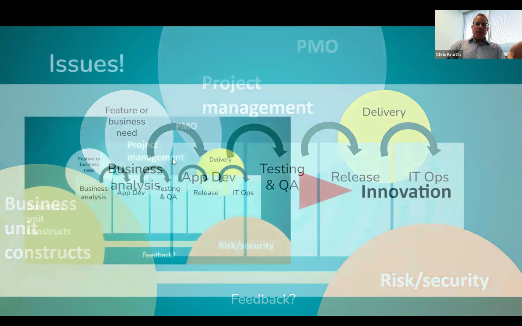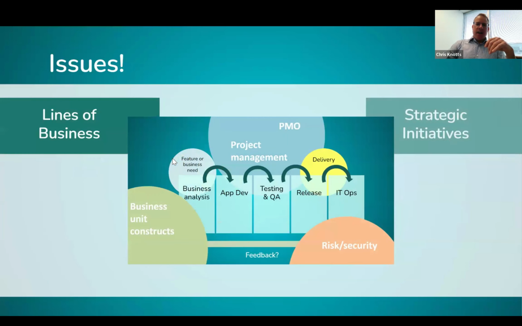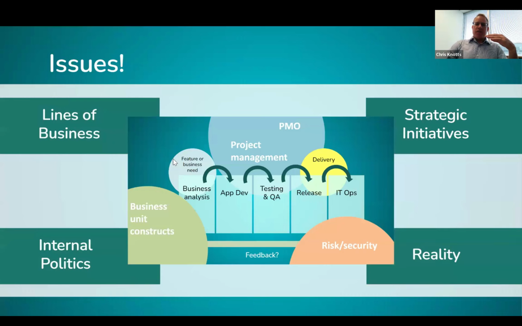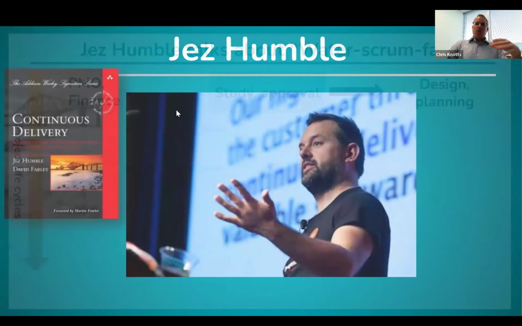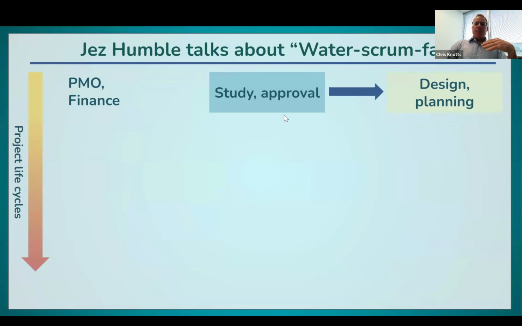If we start to order some of those other concerns into also a value stream, it might look something like this, but this is how Jez would present it. You've usually got some business analysis, the PMO and finance often involved in some feasibility, design and planning. So that's the front end.